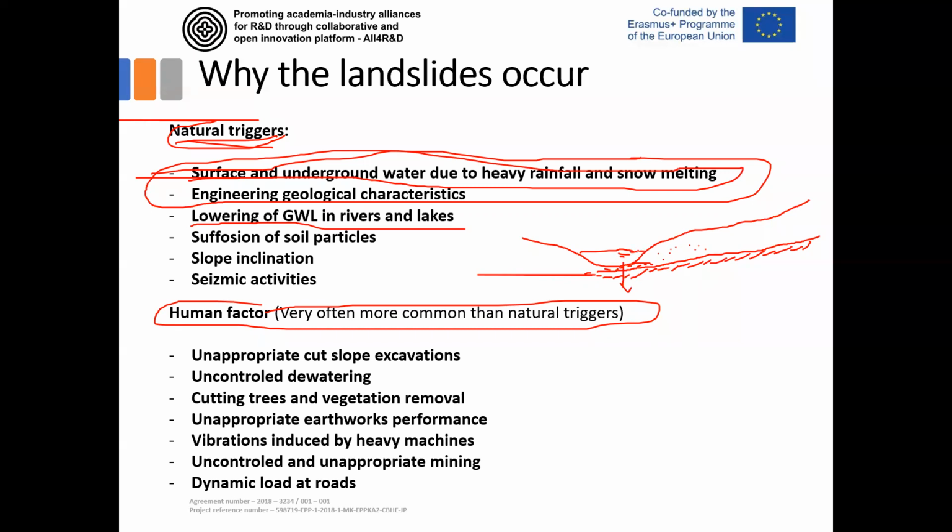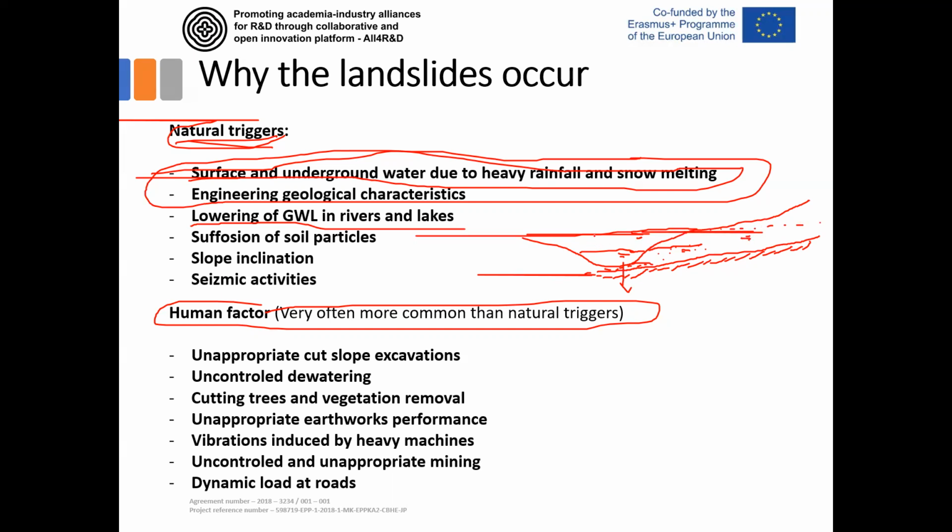What happens is that the groundwater level inside the slope is usually similar to the level in the river. But when we have an increment of this water, then this water can come here. The increment in water level in the river means the increment in the water level in the soil above.